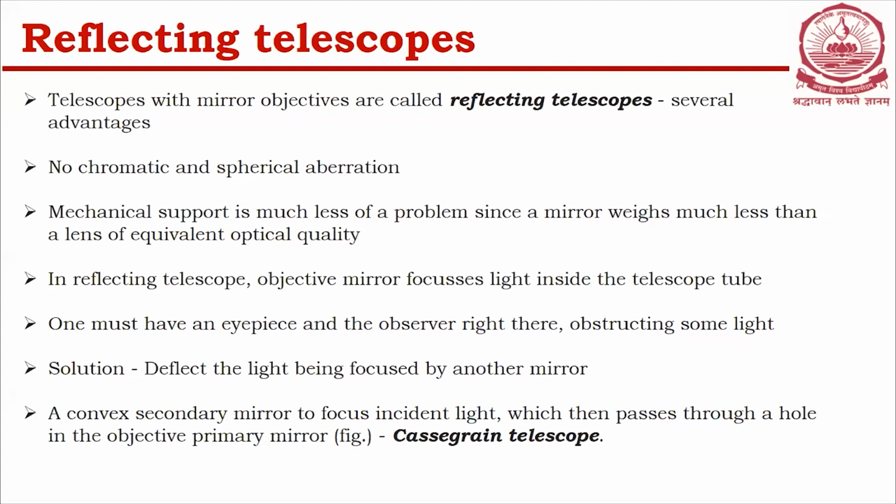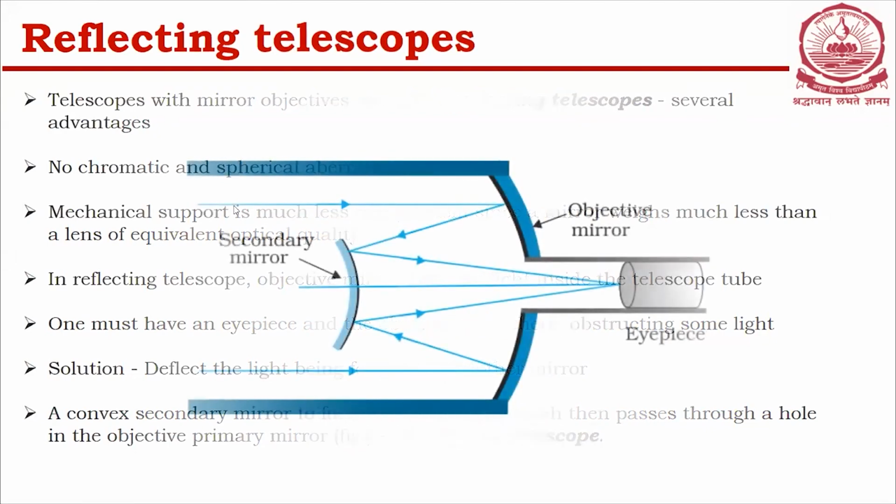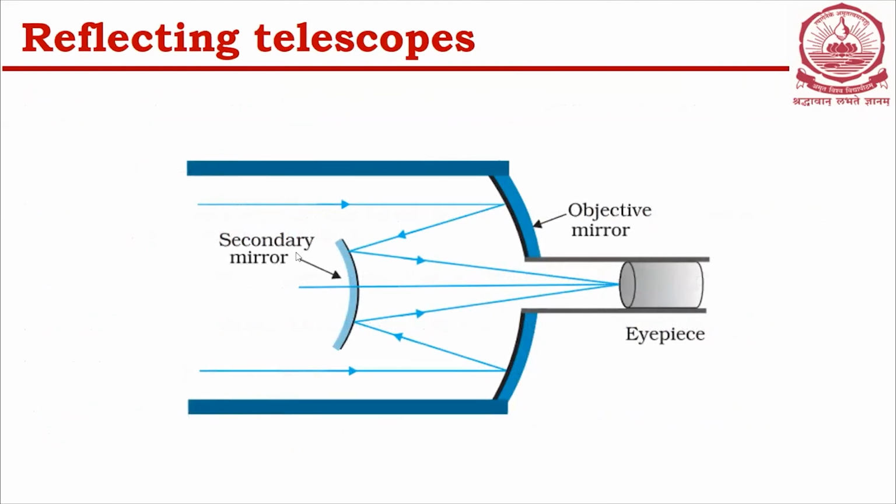So that the light is reflected to a point. Here is a simple example of a reflecting type telescope. You can see that after reflection, the light has to go through this tube to the point. So people use a secondary mirror to avoid loss of light, because if you are not using this secondary mirror, only a small portion of the light will pass through the eyepiece.